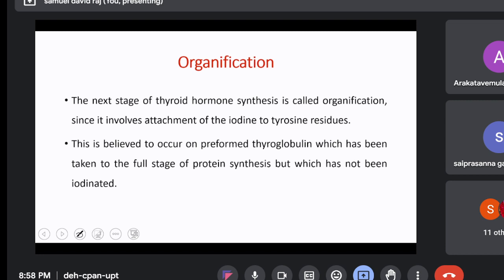In that case, we can see a thyroglobulin molecule where we come across mono, di, tri, and tetraiodothyronine molecules as part of this organification process of the thyroglobulin molecule.